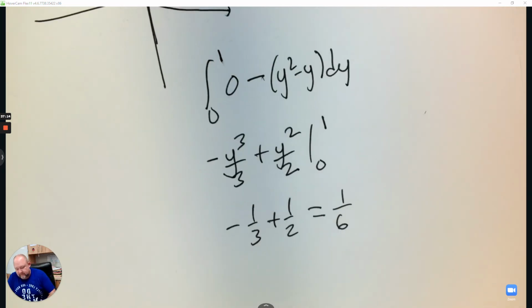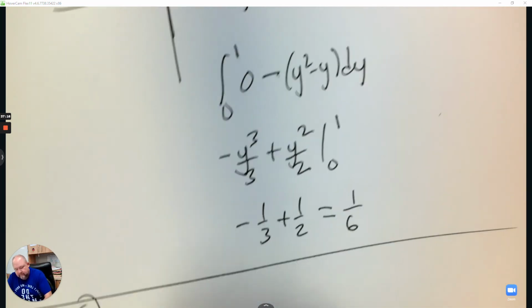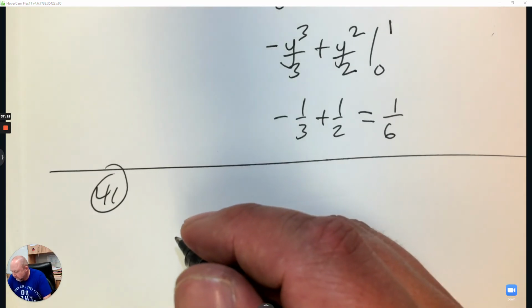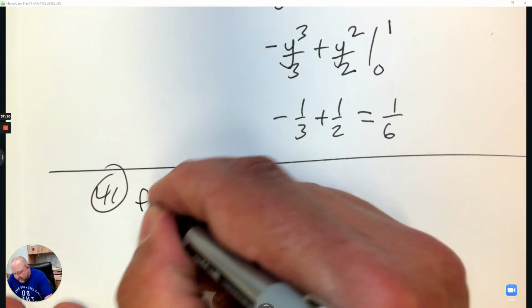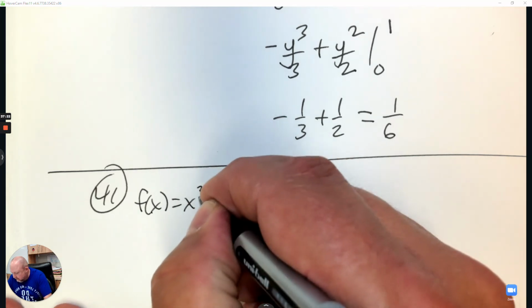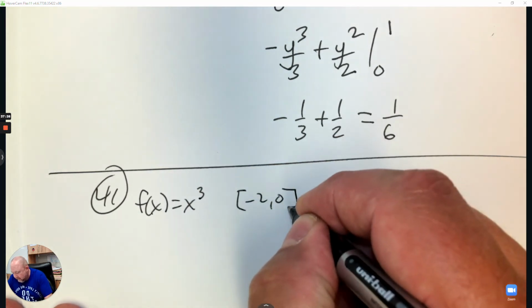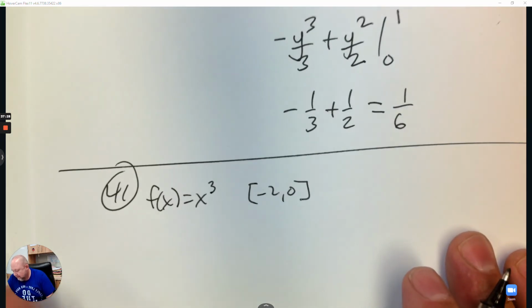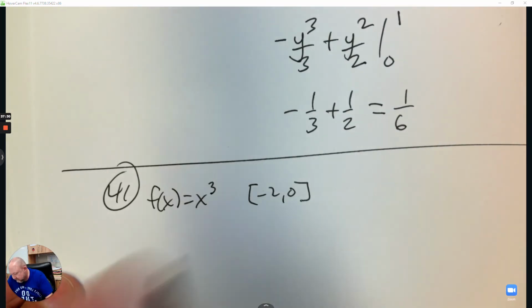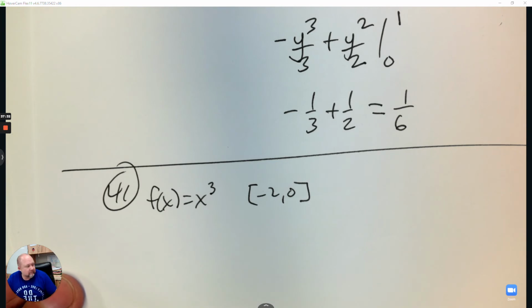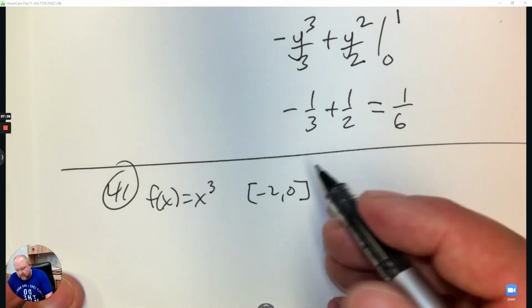All right, number 41. F of x equals x cubed. Find the value of c so that from -2 to 0, so this is average rate of change.